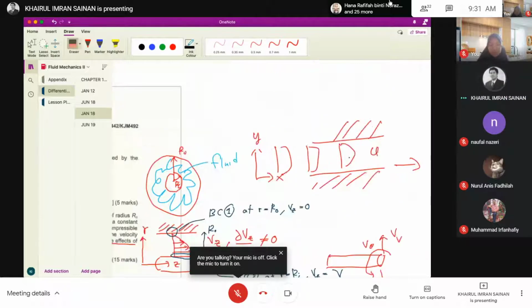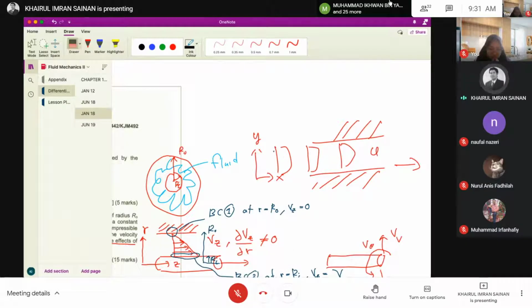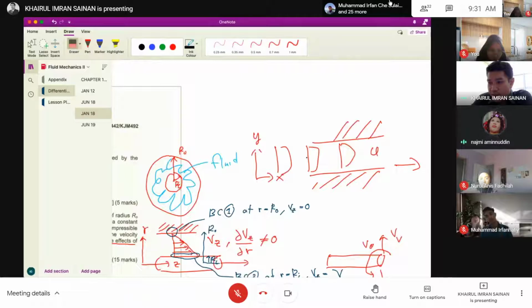You have u, component velocity, and the profile. Look, you should mind my drawing. This is dz.